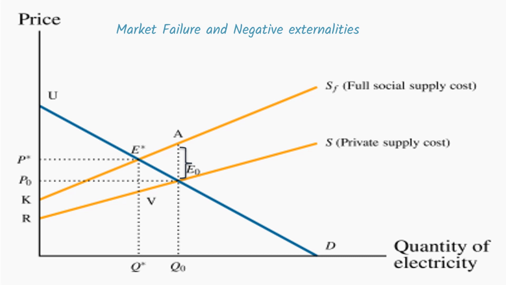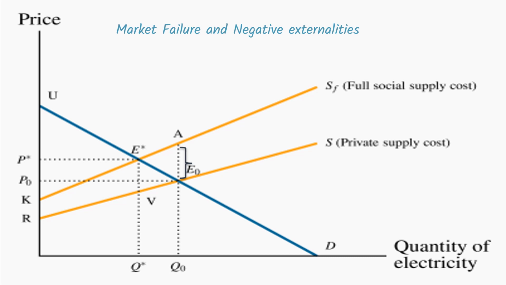This is because at Q naught, the willingness of the buyer to pay for the marginal unit supplied is E naught, and the private cost is also E naught. But from the societal standpoint, there is a pollution or health cost of AE naught associated with that unit of production. So the full cost will exceed the buyer's valuation.